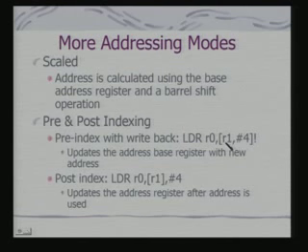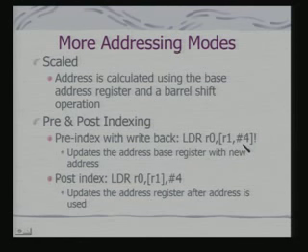When we have pre-index with write back, the interesting thing is that when we calculate this address of the memory location, what we have done? We have added the offset, immediate mode offset, with the content of R1. And then what we do? We update the address base register with the new address.